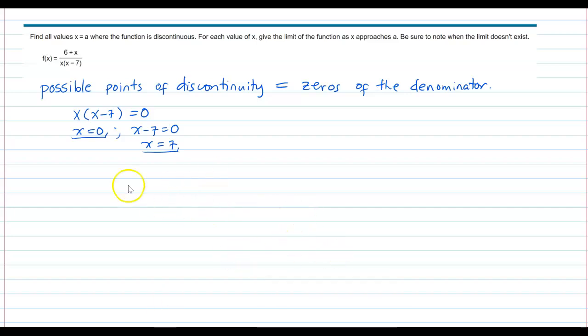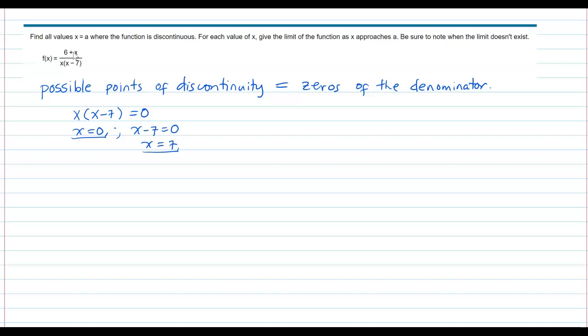So what you would do is plug these values of x into the numerator. If you get a 0 also in the numerator, then that means that you have a hole at that point, because you could cancel that common factor and then you would be able to find the limit.